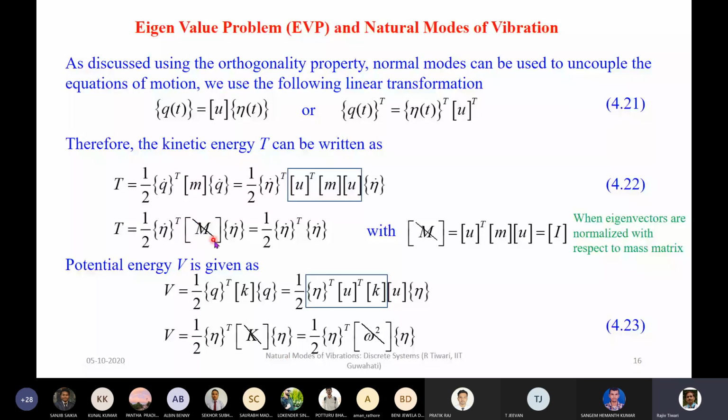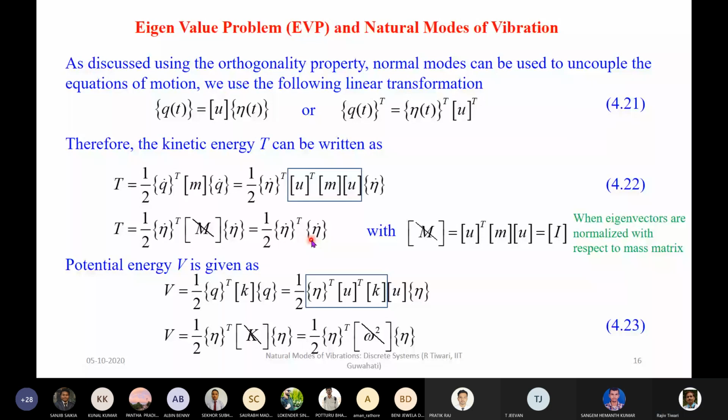So if this is the identity matrix, then if you multiply them, we'll get this. So this M matrix, if you normalize the eigenvector with respect to mass, we will get the identity matrix. So we'll get the kinetic energy expression in terms of the new coordinate system, that is a normal coordinate system or natural coordinate system, like this.